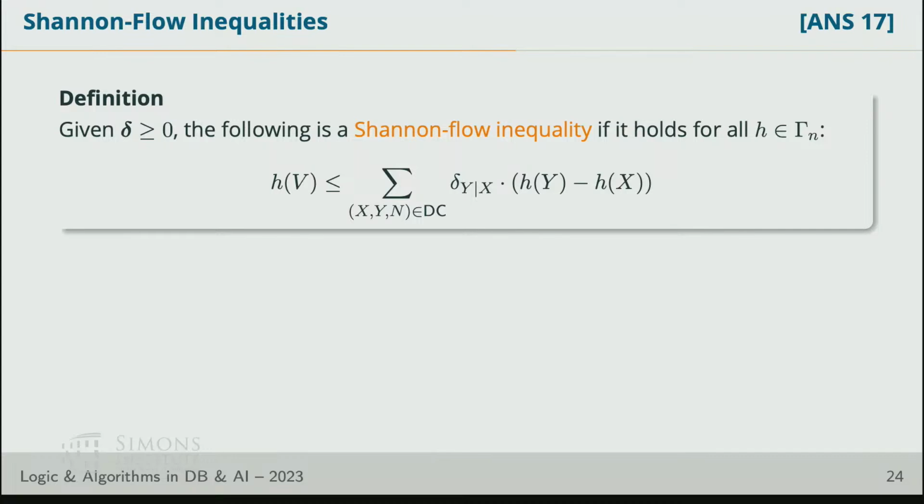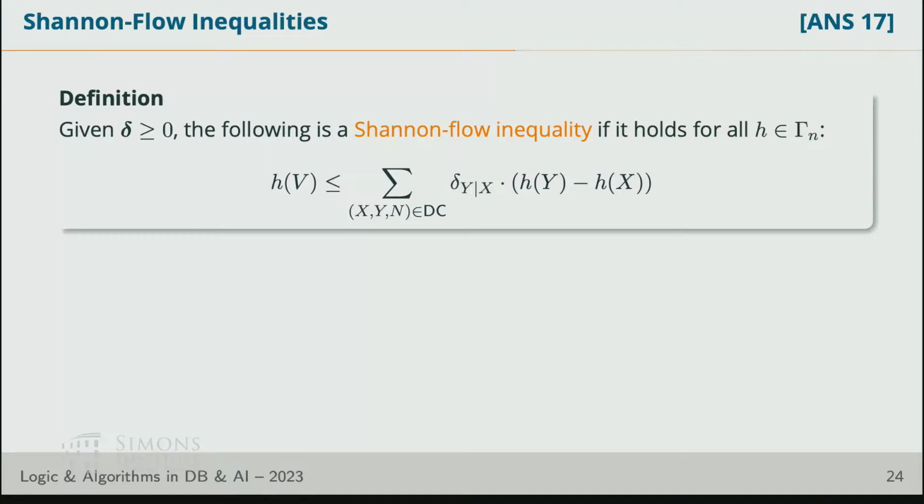So given the deltas, these are basically the dual variables corresponding to the degree constraints, given the non-negative deltas, if the following inequality holds for every polymatroid, so if h of V is less than the sum of delta y given x times the conditional polymatroid h of y given x, if this inequality holds for every polymatroid, then it is called the Shannon flow inequality, which is by definition.